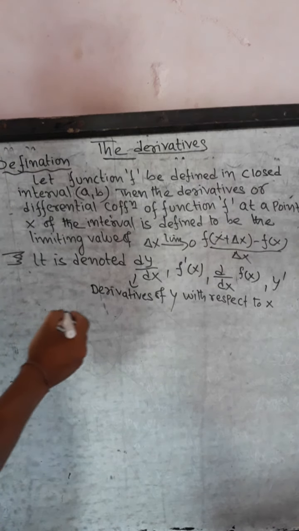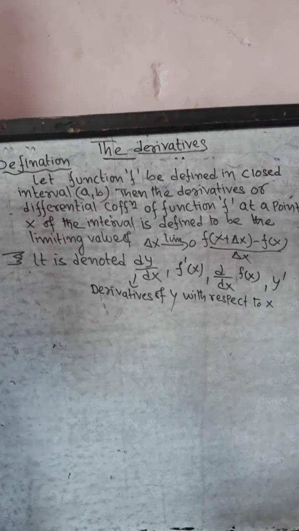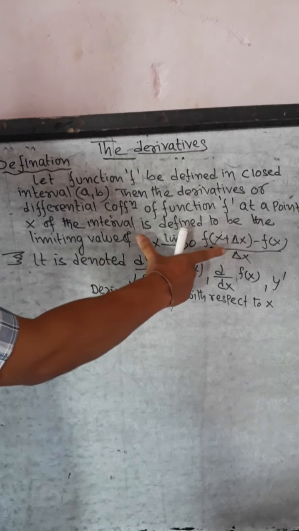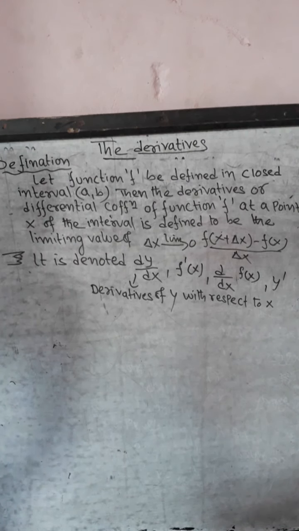So first we have discussed the definition, then how to denote. Now we'll move to the first principle. First principle means definition. How to find out the derivatives from first principle? Before that, you should know the limit, which we have already learned.